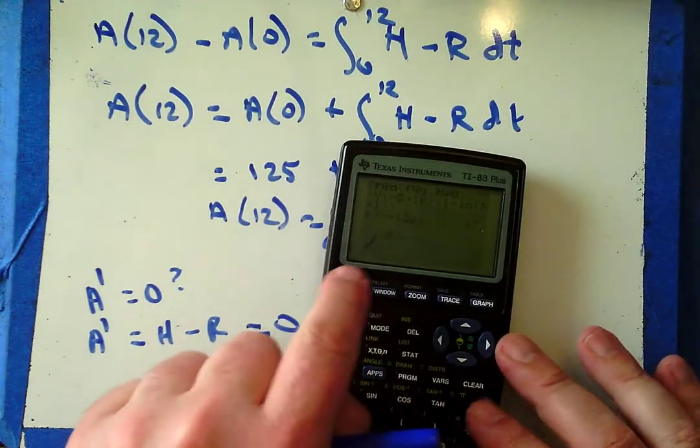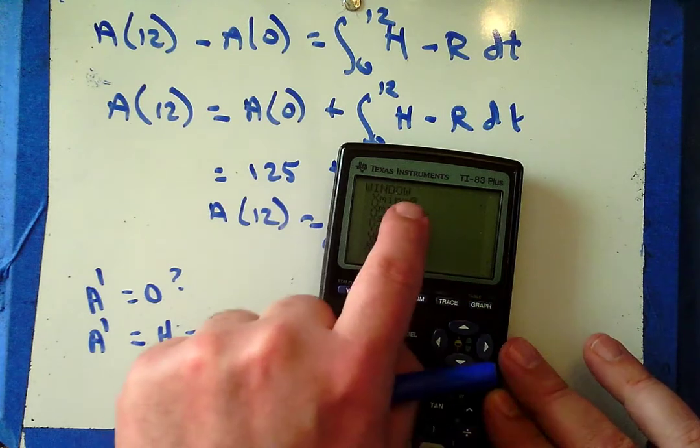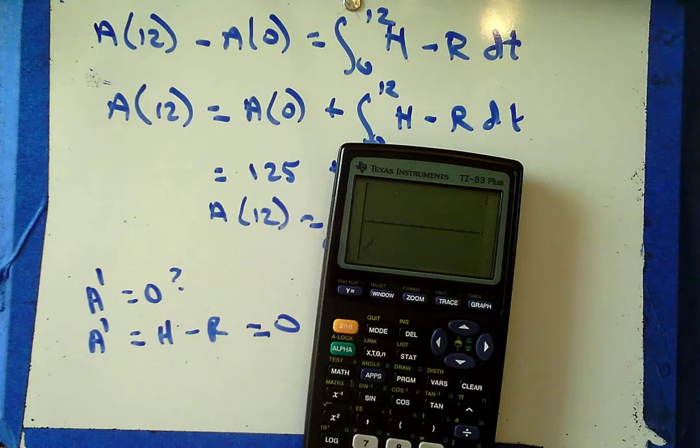Well, conveniently, I've got this function here called h minus r. So if I change my viewing window to be 0 to 12, I just hit graph. Thank you, calculator, for graphing for me, this h minus r function.